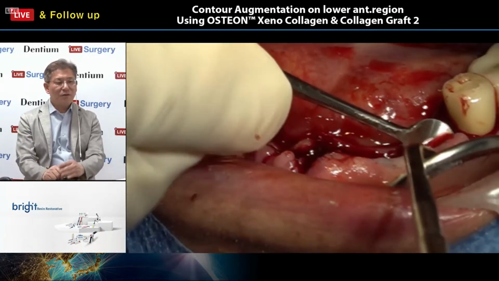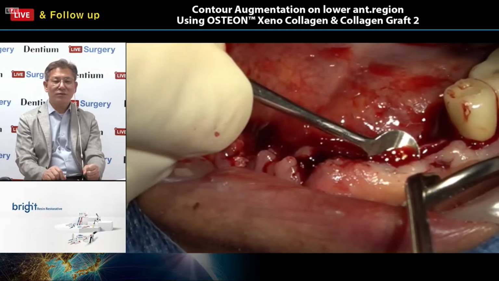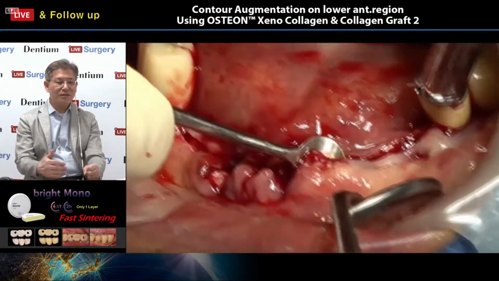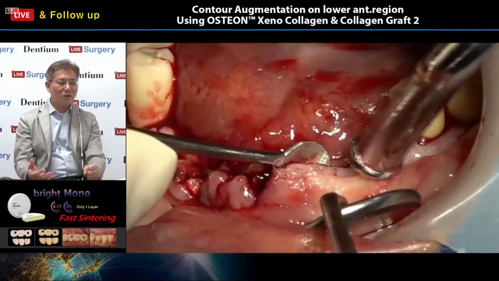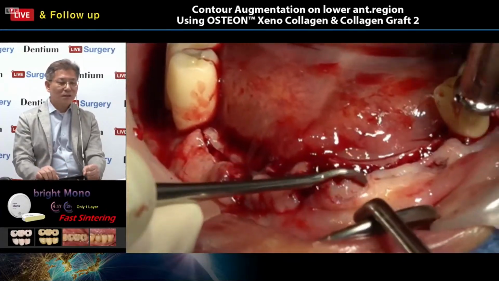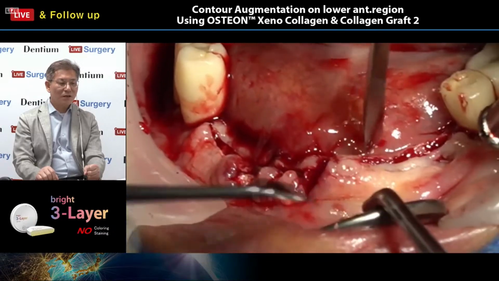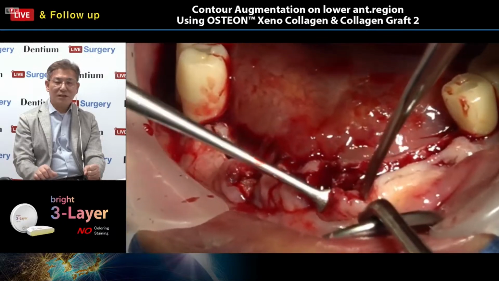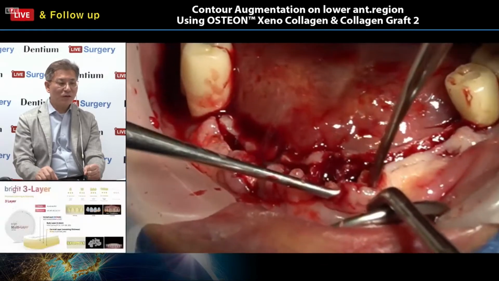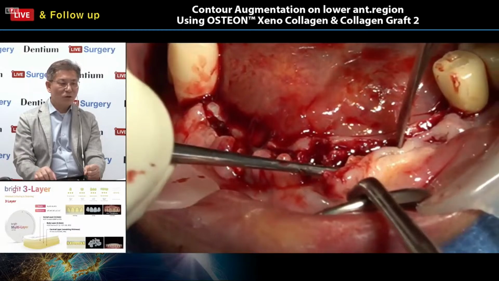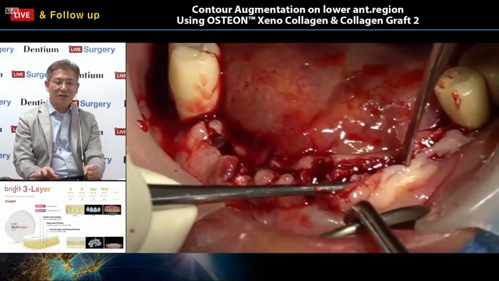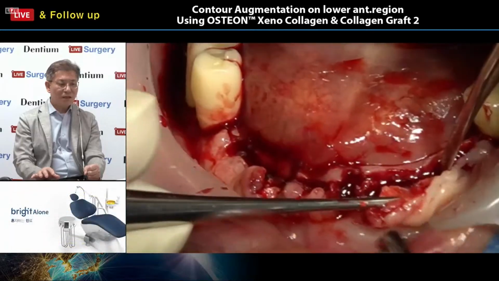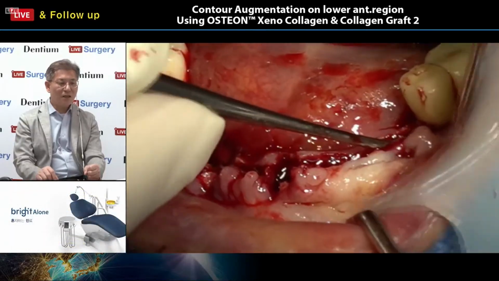Actually, additionally, I want to say something about the crestal incision for implant surgery or GBR or some other procedures that proceed after incision and flap reflection, as you know. In the lower jaw, basically the mid-crestal incision is normal, the basic incision line.